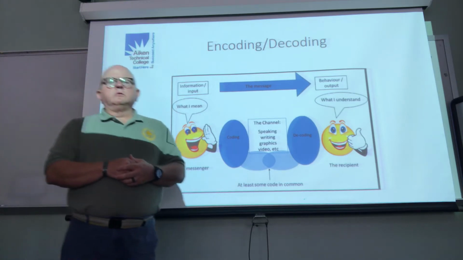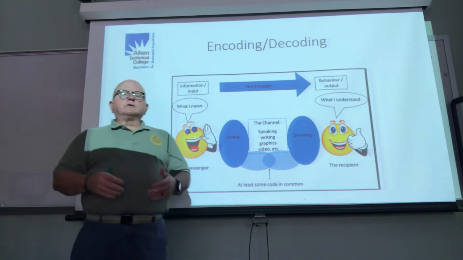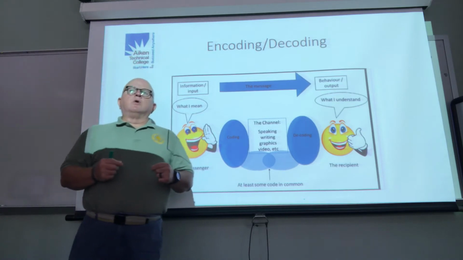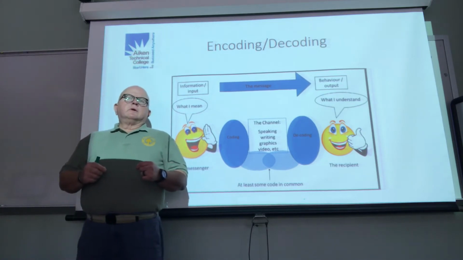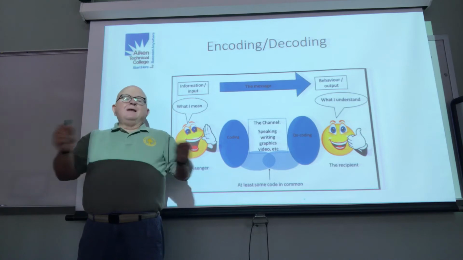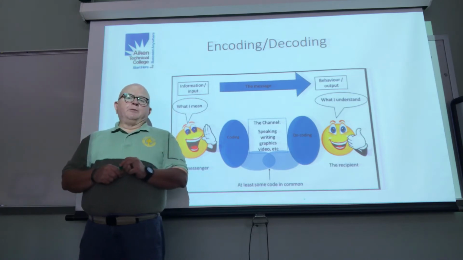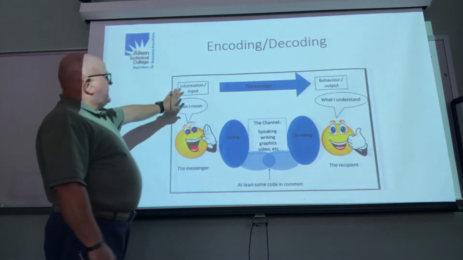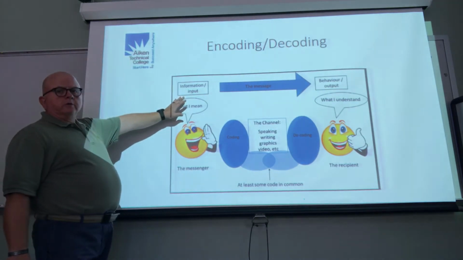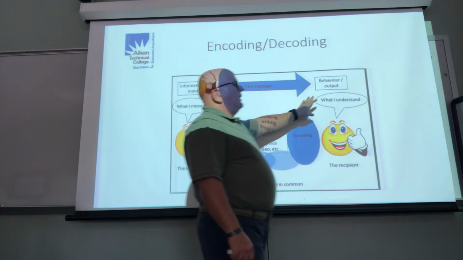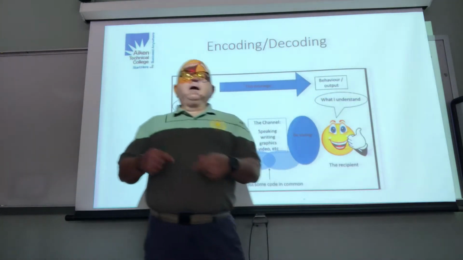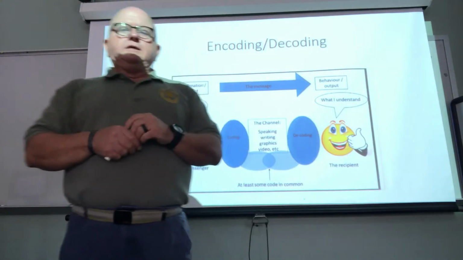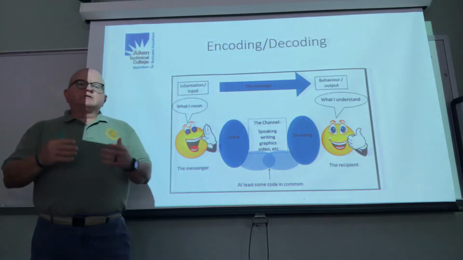If I use a word like Christian, that can mean a lot of different things for a lot of different people. So what you intend to encode is not necessarily what they get out of it. You need to be very conscious of that encoding and decoding, and that you're working on similar ideas.